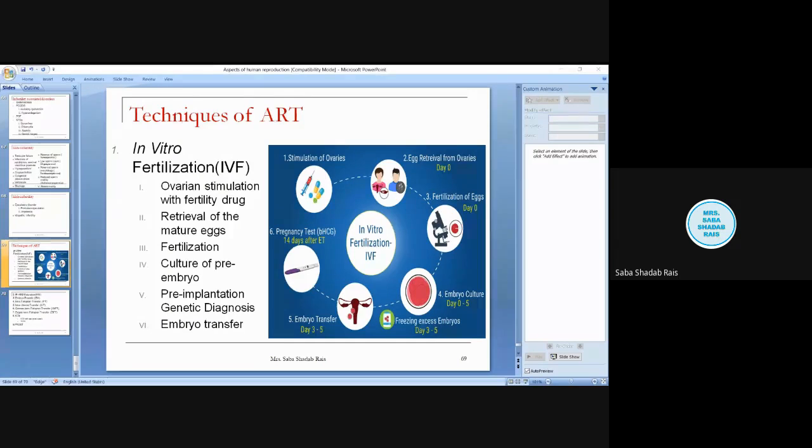For that reason they give these ovarian stimulation drugs, and thereafter the growth of follicles is monitored. They monitor growth with various methods. The best method is the ultrasound scan, which allows the number as well as the size of the follicles to be measured.